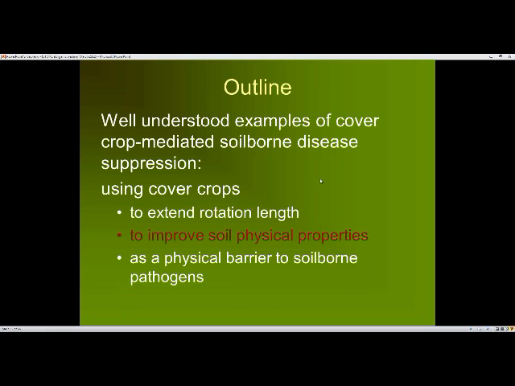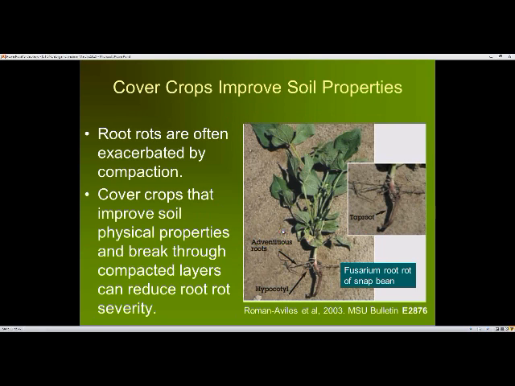So another really well understood mechanism of cover crop mediated soil-borne disease suppression is to use cover crops to improve soil physical properties. And a lot of different soil-borne diseases, for example root rots, are made worse in compacted soils, and there's a variety of reasons for that.